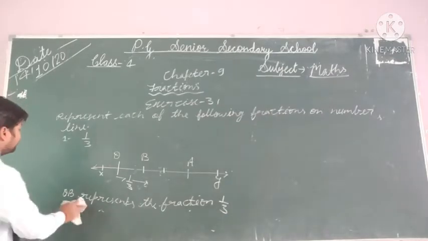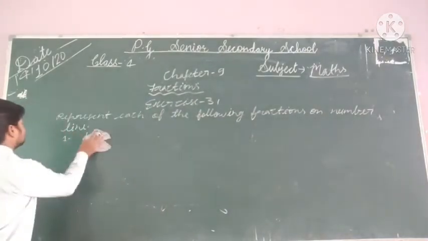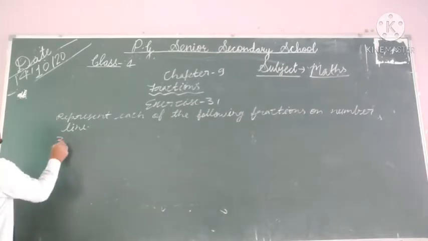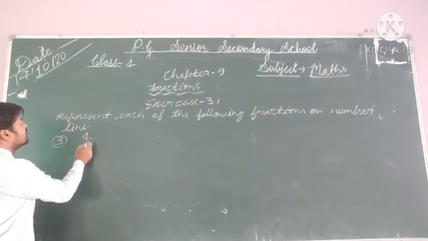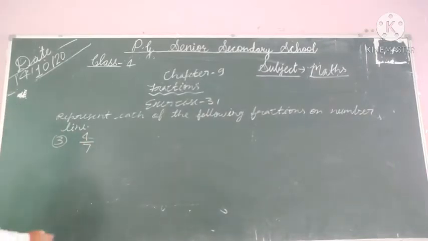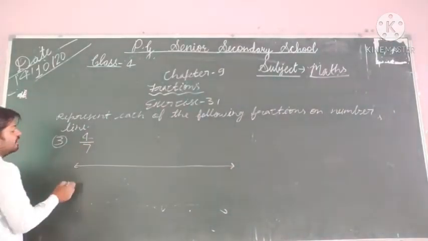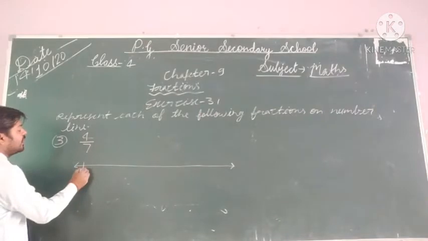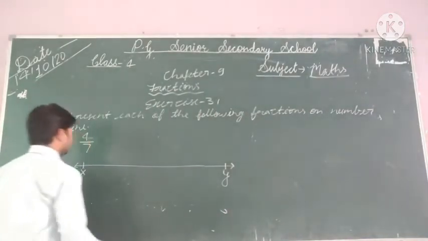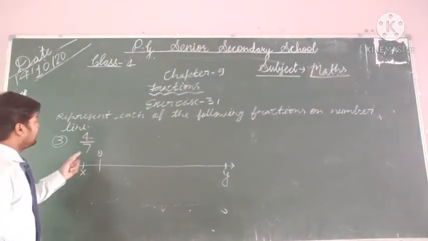Now I am going to tell you one more question of this. The next question is the fraction 4 upon 7. Firstly, you have to draw a line. Here you have to write x and then y. And here the point will be O, and how many parts will it be? 7.